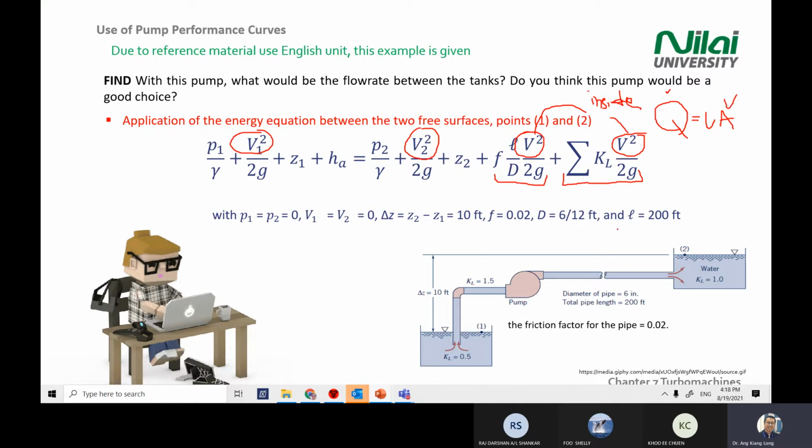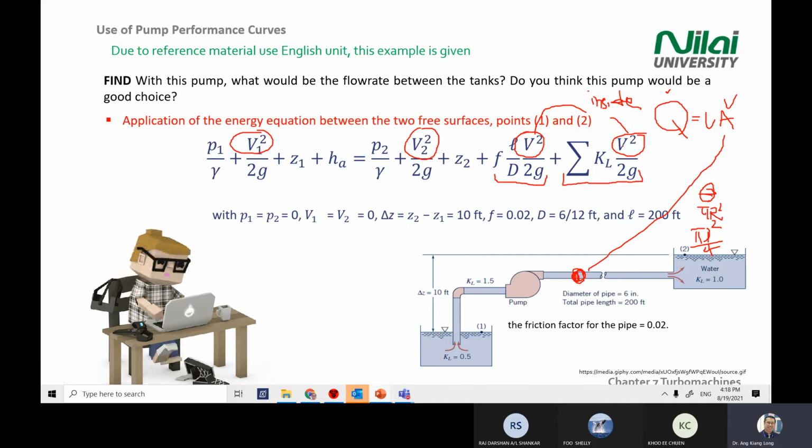Area you can calculate from the pipe diameter, and again you are seeing a circle area: pi r squared, or if you want to use diameter, pi d squared divided by 4. Then you rewrite this equation and you get the velocity.